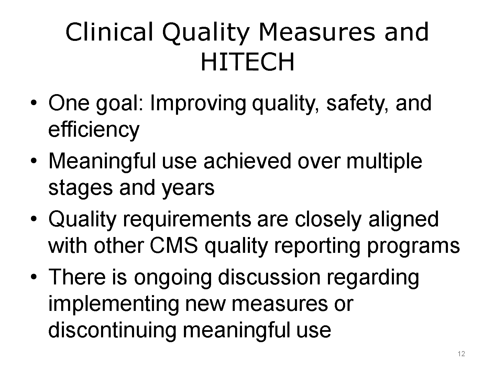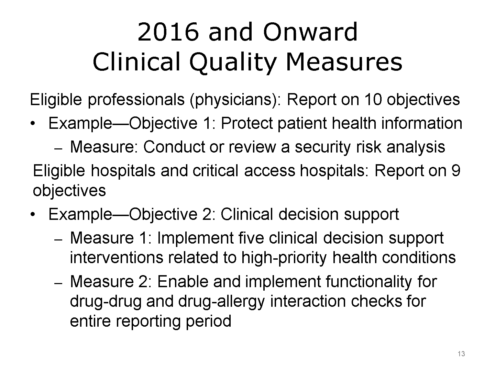The following slides summarize the CQM measurement reporting requirement options. Eligible professionals demonstrating 2016 CQMs were required to report on 10 objectives, and eligible hospitals were required to report on 9 objectives. Both groups have the same objectives, except that physicians also have an objective about secure messaging.